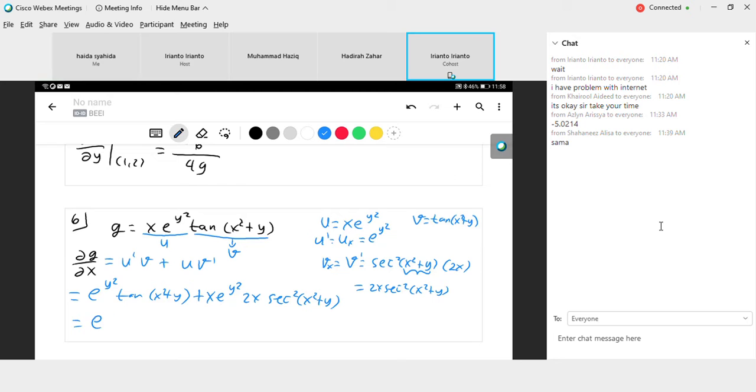So it will be e^(y²) tangent (x² + y) plus 2x² e^(y²) secant square (x² + y).